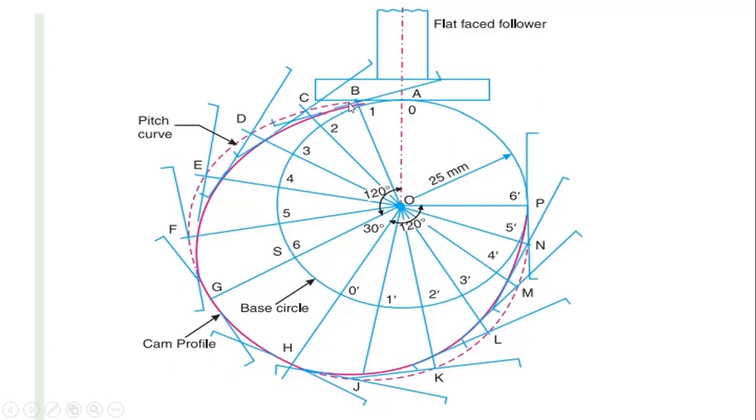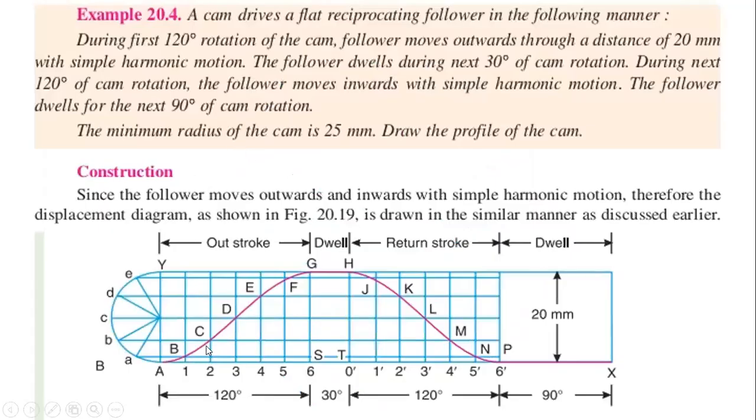From point 1, draw an arc on the extended line and cut the point B. In a similar manner, draw all those points: 2 to C, 3 to D, 4 to E, and 5 to F. So take all those points.